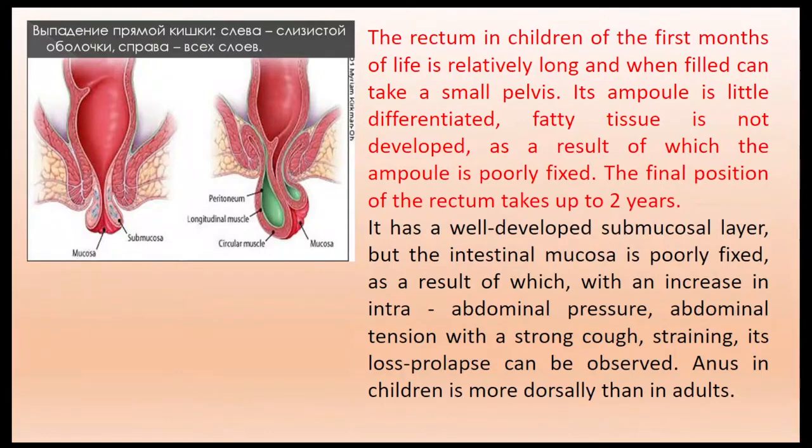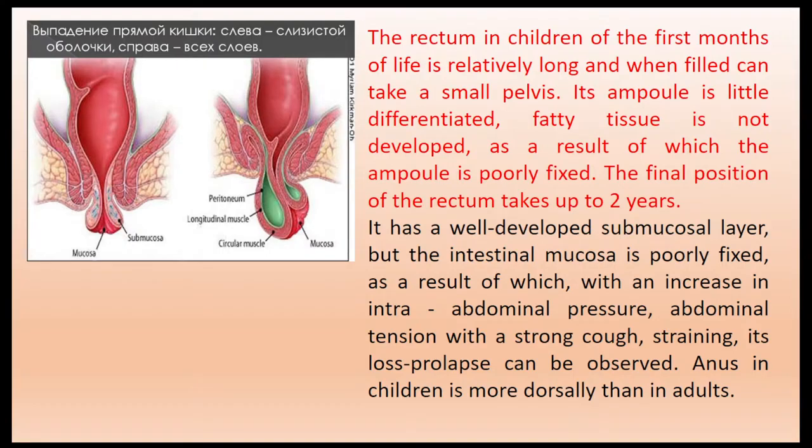The rectum in children in the first months of life is relatively long and when filled can take up a small pelvis. The ampulla is little differentiated. Fatty tissue is not developed, as a result of which the ampulla is poorly fixed. The final position of the rectum is taken up by 2 years old.